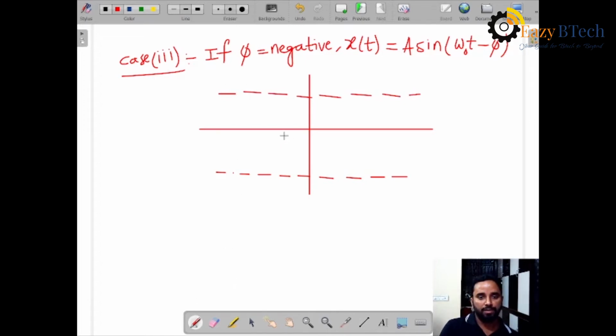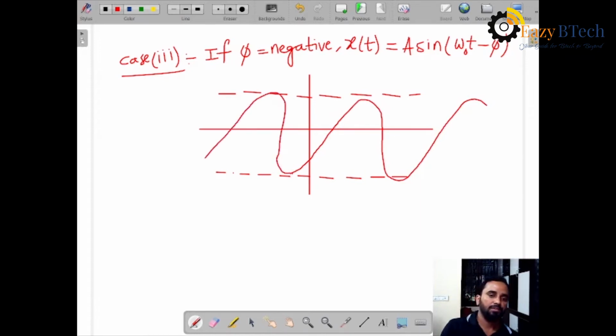Now the waveform is like this. So here phase is negative.